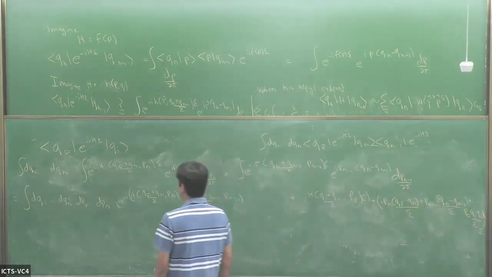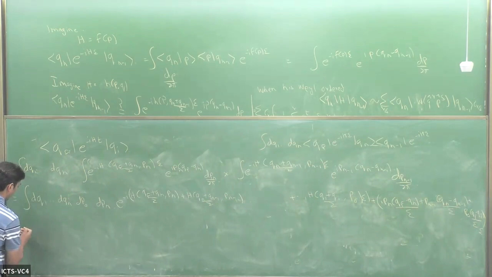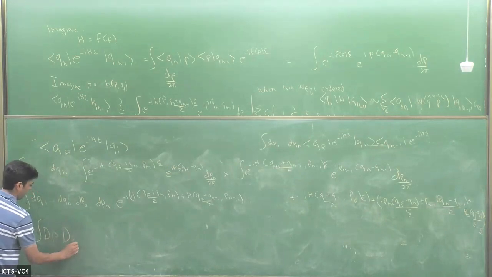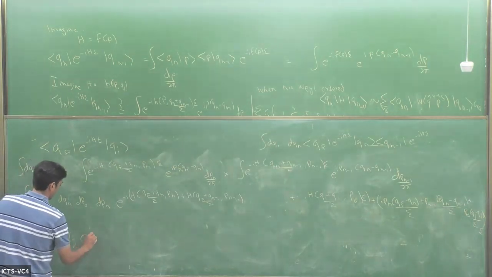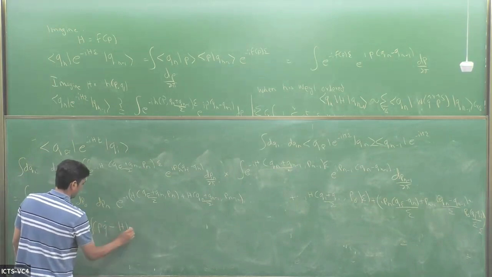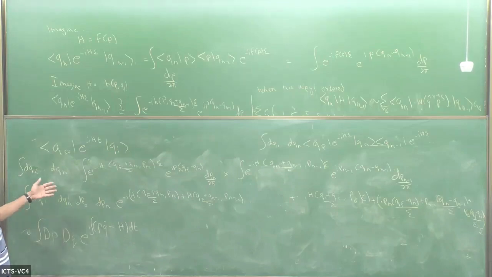And then if you think of these epsilons as being divisions running over different intervals of time, you would write this, formally, as dp dq into e to the i pq dot minus h integral dt. The correct formula is the limit of the previous formula as n tends to infinity.